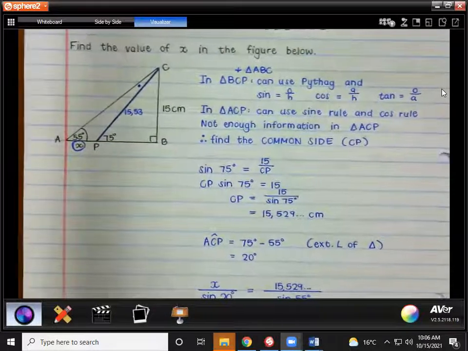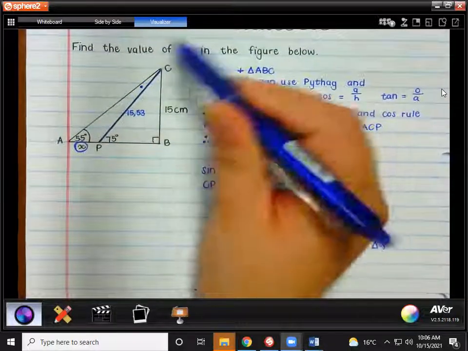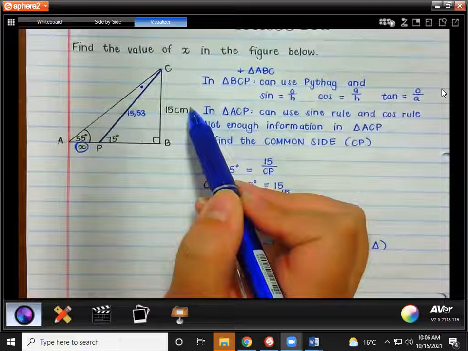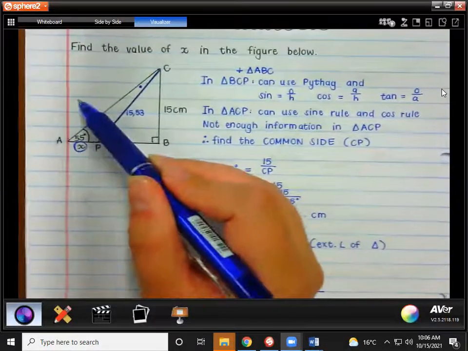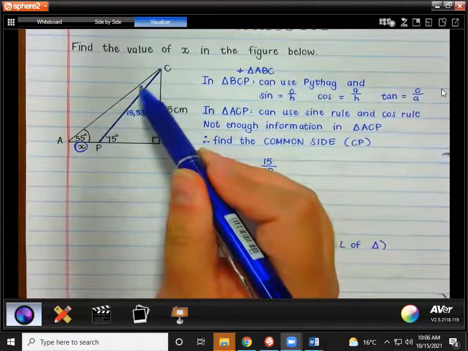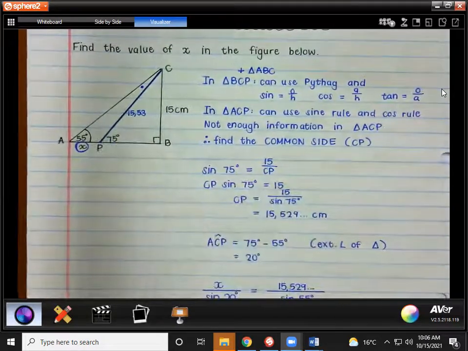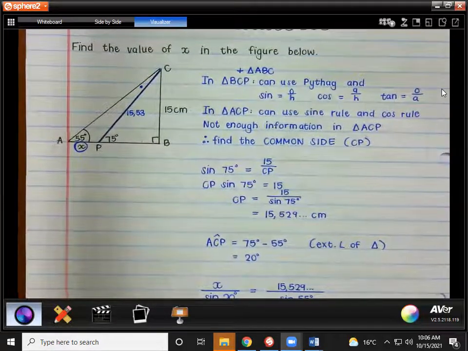Yes, I could use sine in the big triangle as well, right? So I could say sine of 55 is 15 over this hypotenuse over AC, right? And then I could use sine rule, but then instead of working that angle out, you would have to calculate this one. Okay, so it would have been the same amount of work. All right, it still would have been fine.